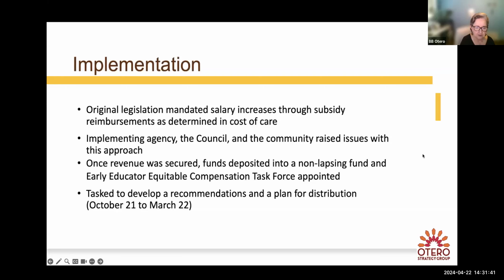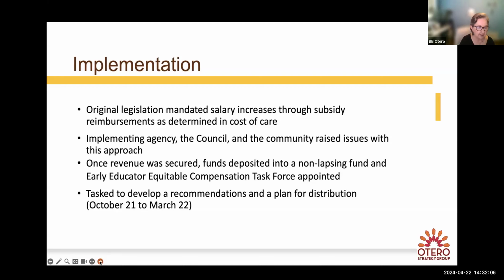It didn't matter whether they were serving low-income children or not. So we made a decision in the city that this compensation benefit would go across the board regardless of subsidy or not, with a supplemental or additional funding for those who were providing care to children in subsidy.